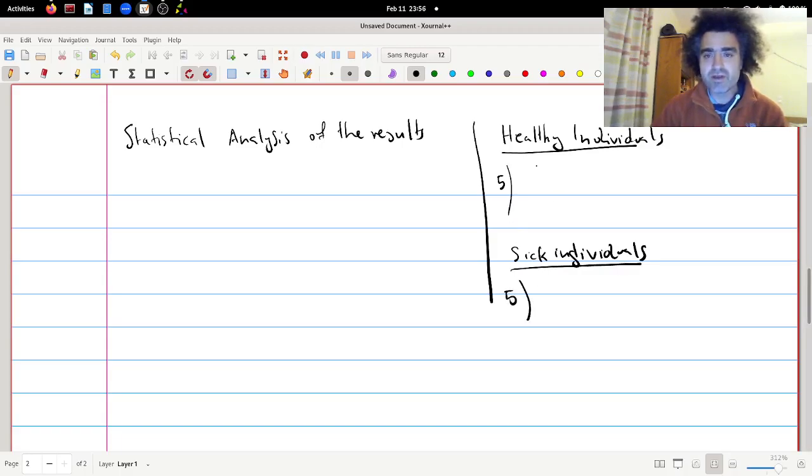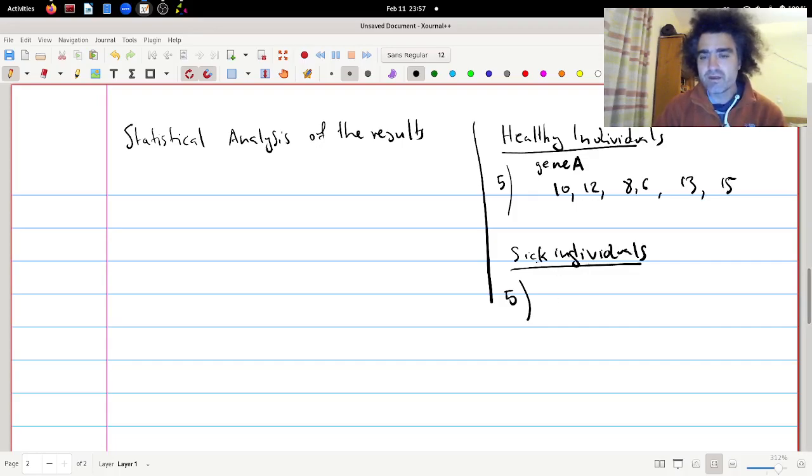And the expression level for gene A, I just use gene A here, but it might be any gene or all of the genes, okay? So the expression level of gene A might be, for these 5 individuals, 10, 12, 8.6, 13, and 15.